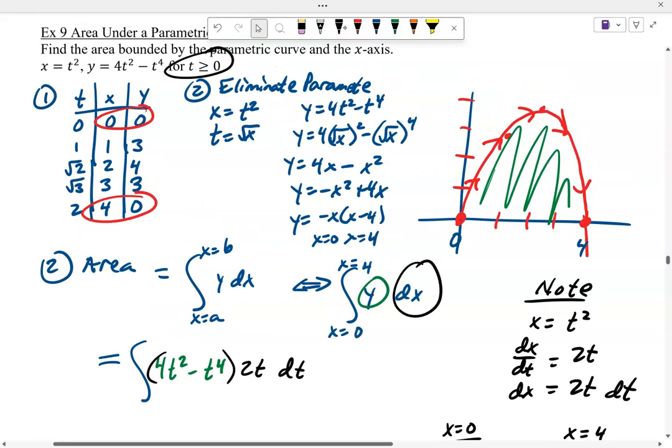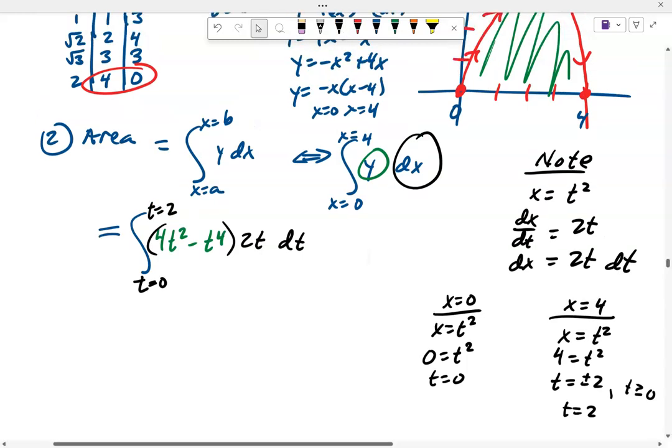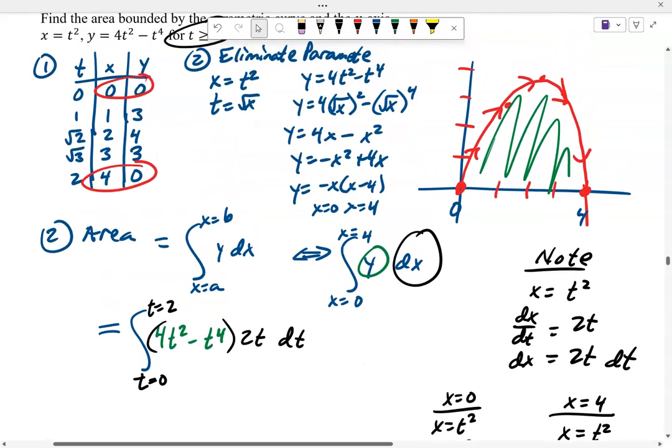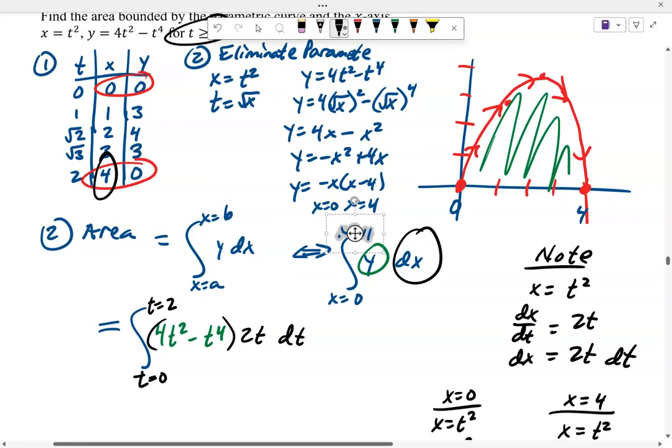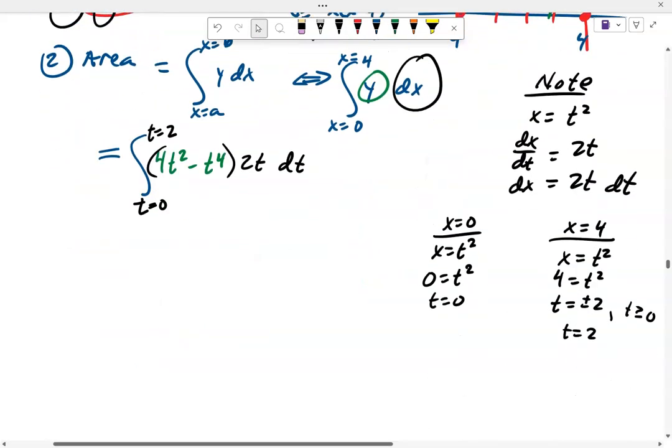Notice the t was greater than or equal to 0. That's given. So this is from t being 0. When x is 0, t is 0. When x is 4, t must be 2. You could have actually seen that on the table. When x is 4, t is 2. When x is 0, t is 0, right? So we could have seen it right there too with that given table.